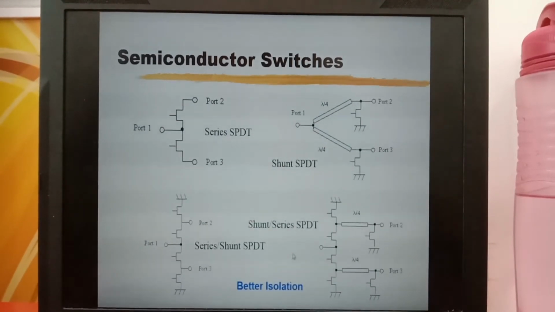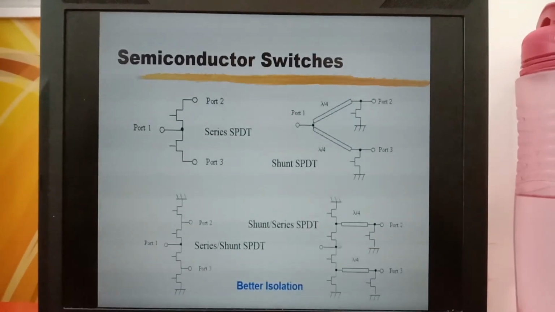We can also use a shunt series configuration. The operation is similar to the earlier case, but this time additional transistors are used, and quarter wave transformers are also added.